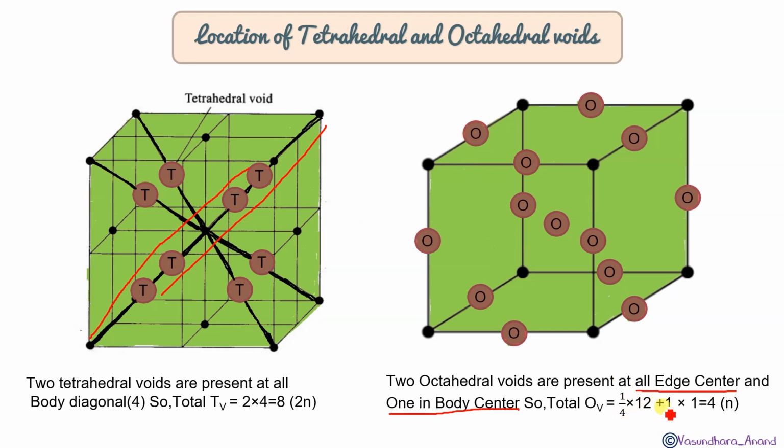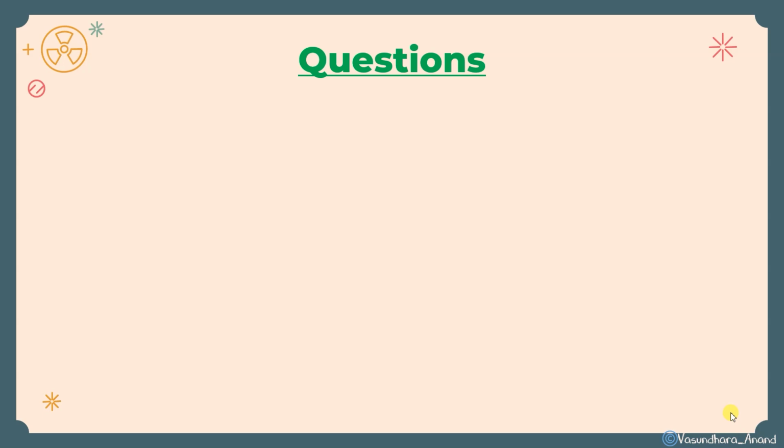So this becomes 3. And in the body center, there is 1, and its whole contribution is 1. So it will be 1 plus 3, that is 4. And that means for CCP, the number of octahedral voids is equal to the number of atoms, n, that means 4.